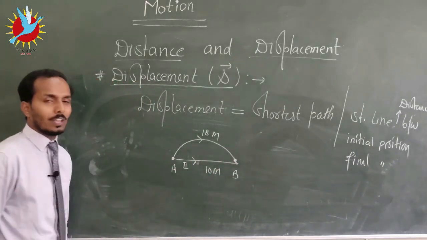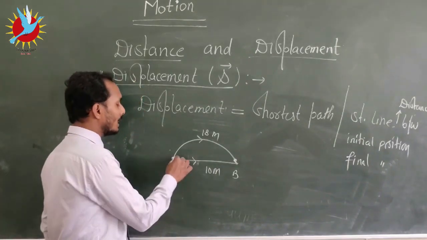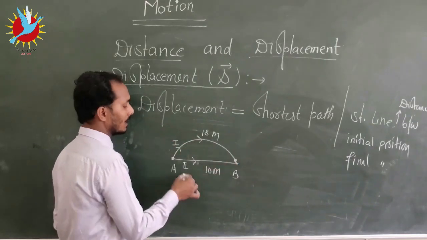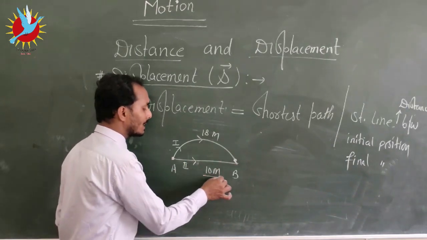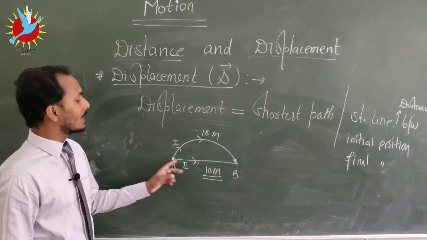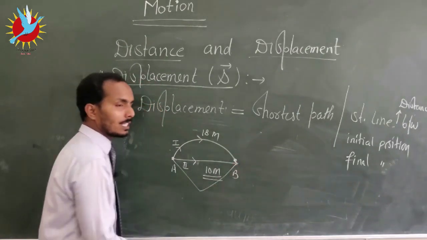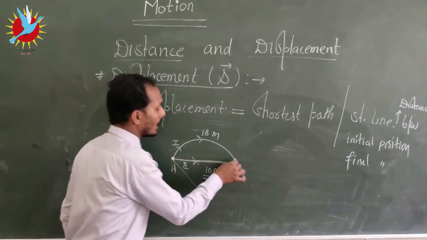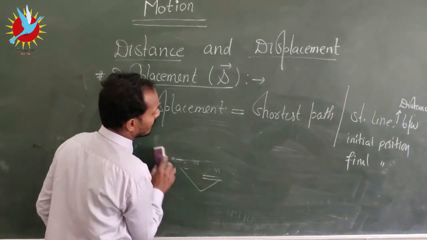If it follows either path, that is a distance, but only the straight line has the shortest path. The shortest path is the shortest distance between the initial and final position. Now take another example.